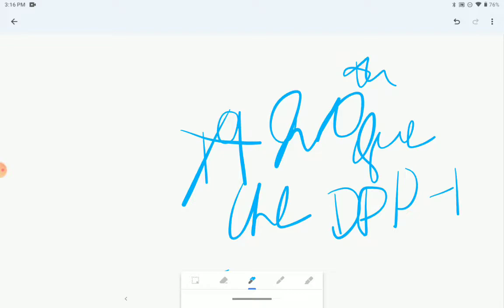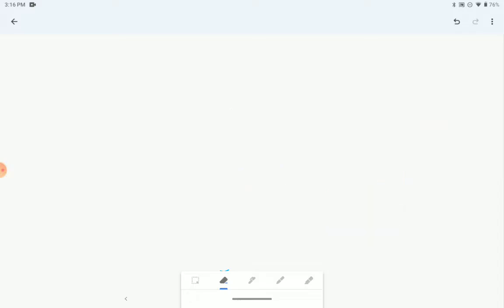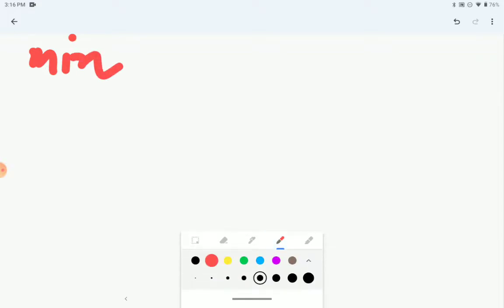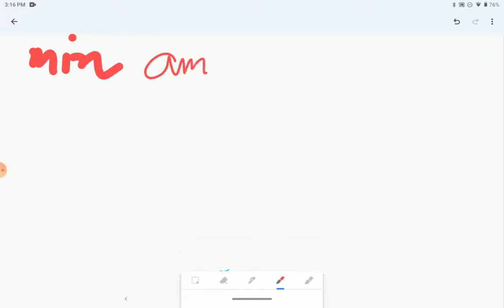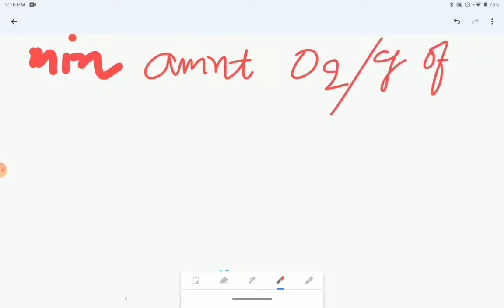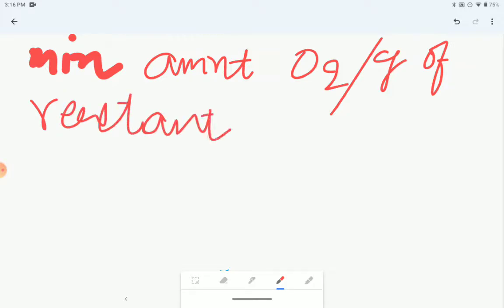Right, the 20th question was given that minimum amount of O2 consumed per gram of reactant is per reaction.